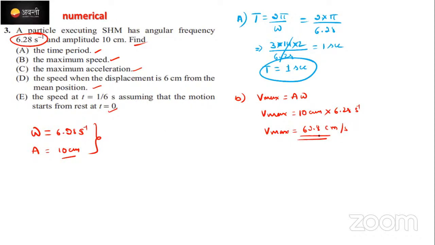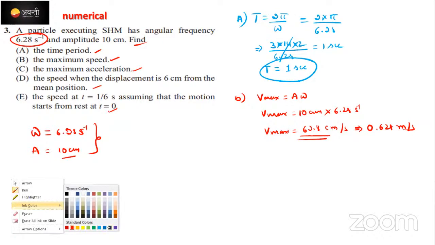If you want to convert this to meter per second, just divide by 100. Then it will become 0.628 meter per second. Clear enough? Hope it is understood. V maximum is understood, right? Let me know through the chat box. Clear?